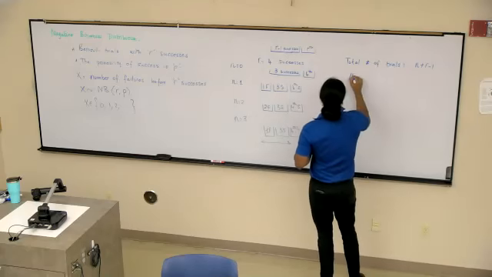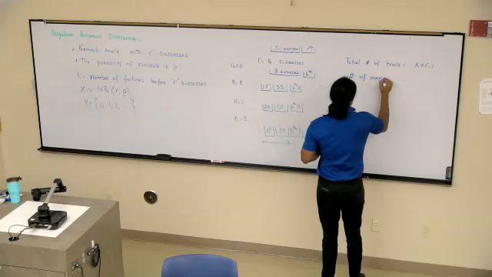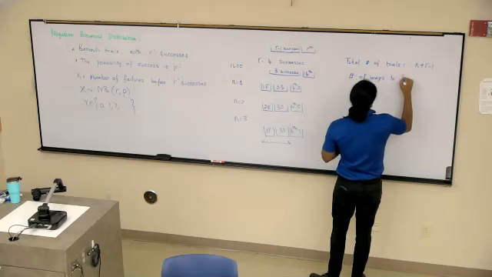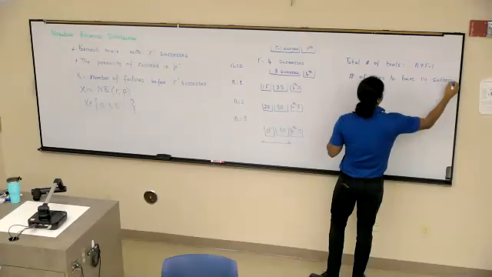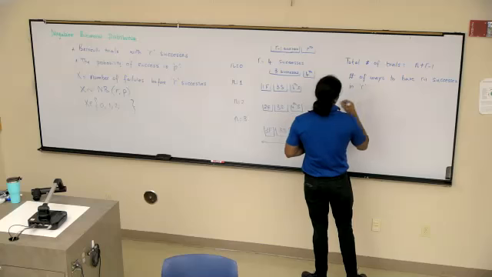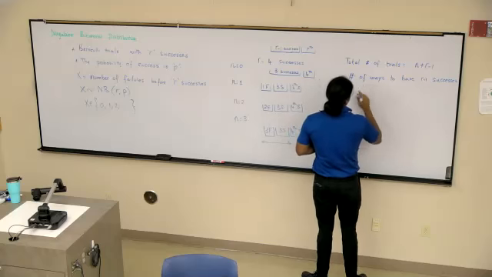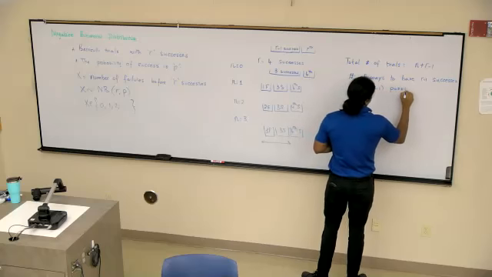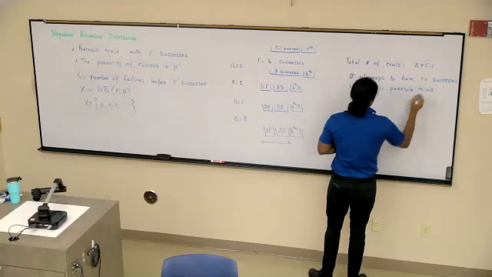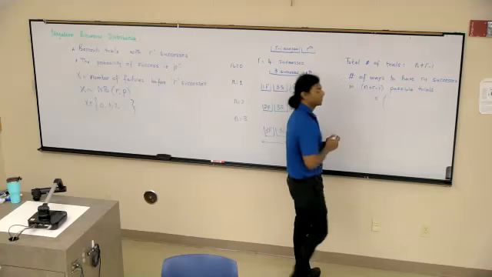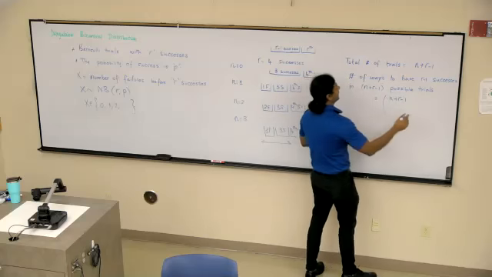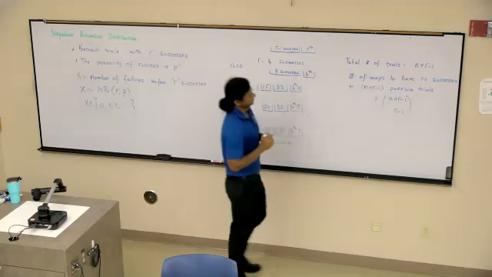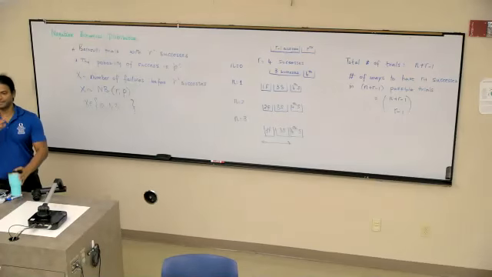So the number of ways to have r minus 1 successes in n plus r minus 1 possible trials is n plus r minus 1 choose r minus 1. Does that make sense?